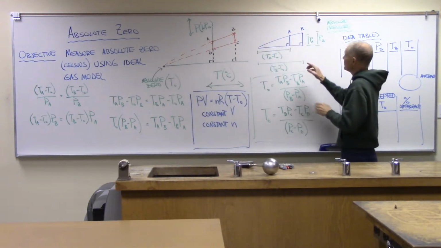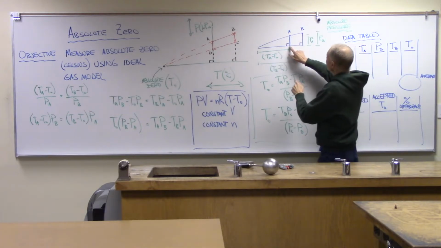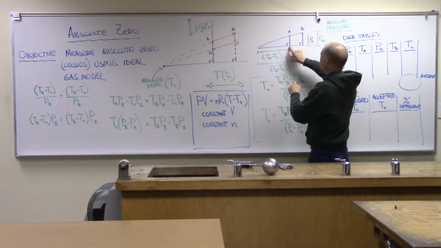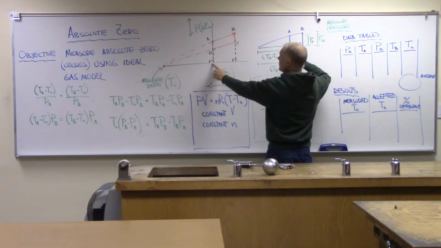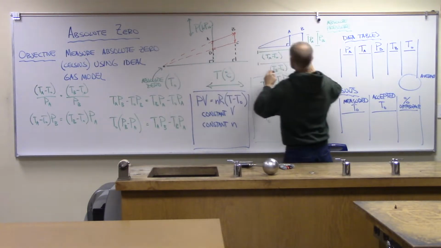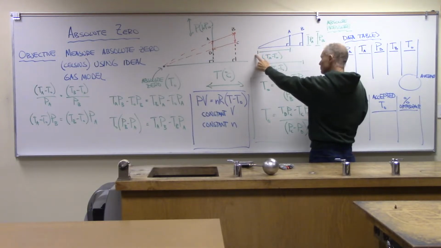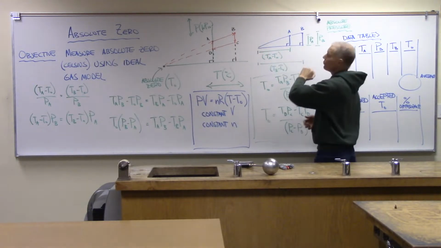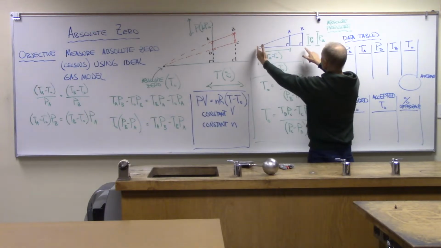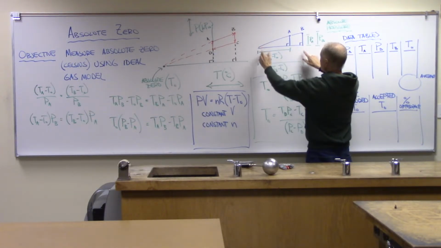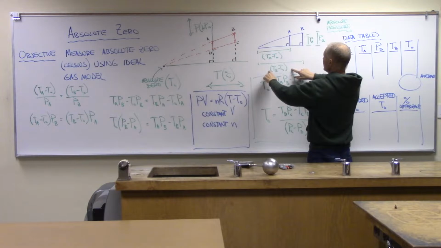So what we have for the sides of this triangle, from here out to here, is temperature A minus temperature naught, which I'm calling absolute 0. And then similarly, at the higher temperature, that distance would become TB minus T0.